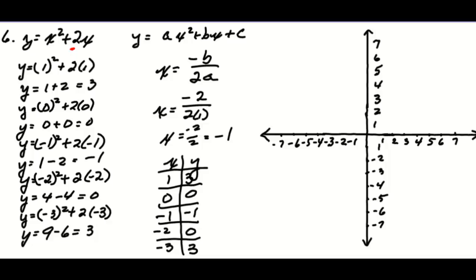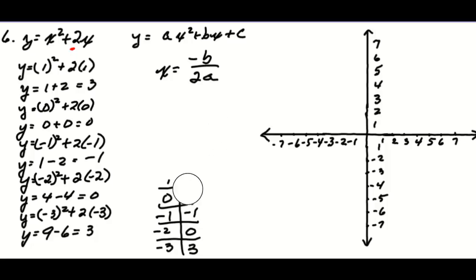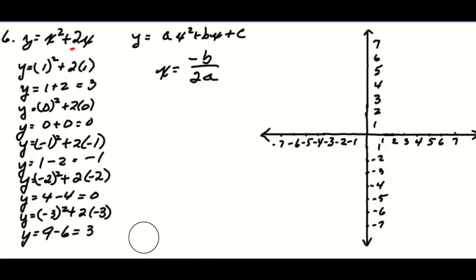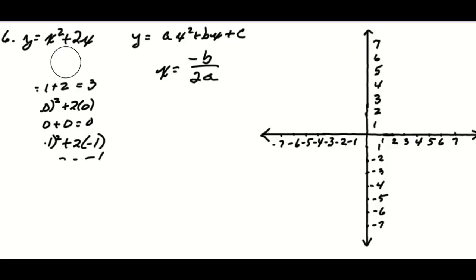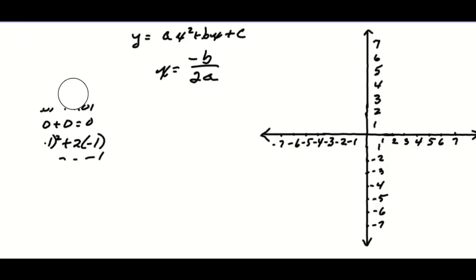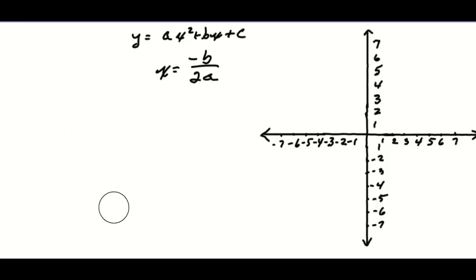So let's erase number 6. We've done that one. We want to keep that little simple equation x equals -b over 2a. And let's go ahead and take a look at problem number 12.